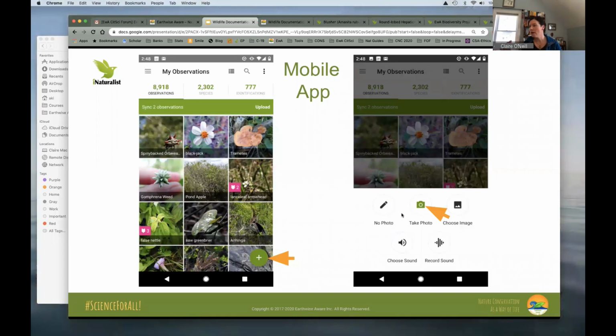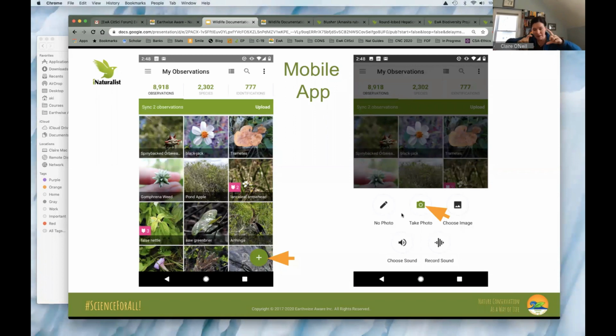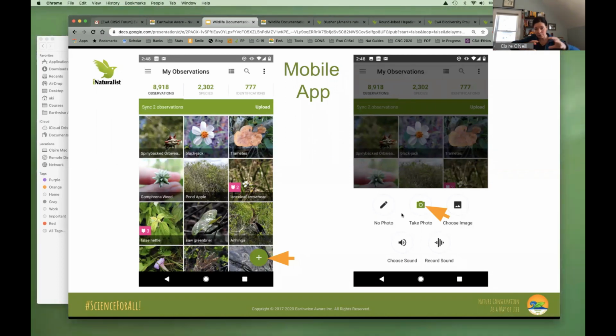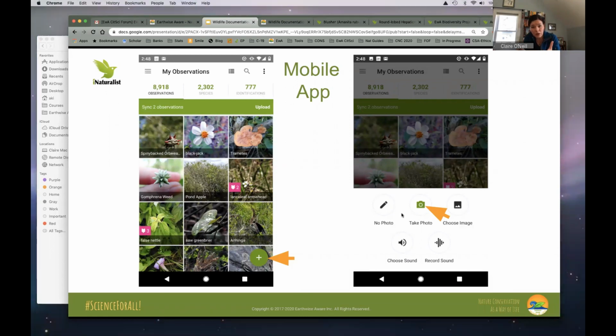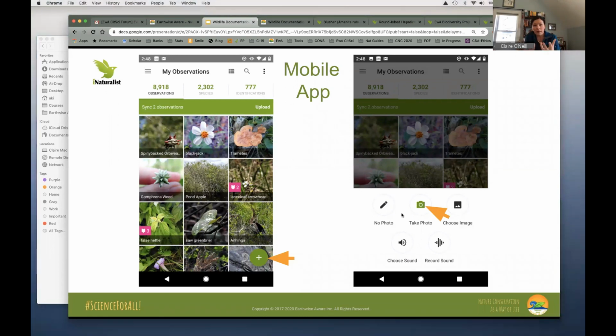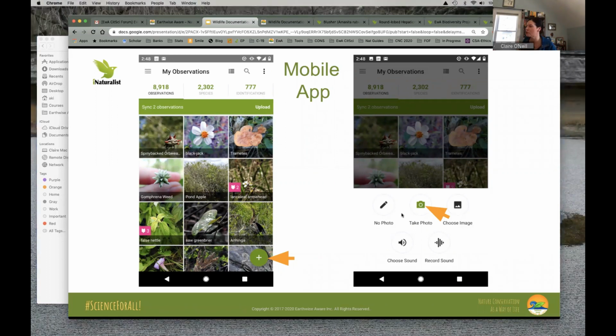Sometimes when you take a picture with your micro lens, I want to crop more specifically on what I'm looking at, because the picture is a little too far. Then sometimes I want to edit a little to heighten the contrast so that the key features of the species I'm documenting are in better focus. So that's my personal choice.